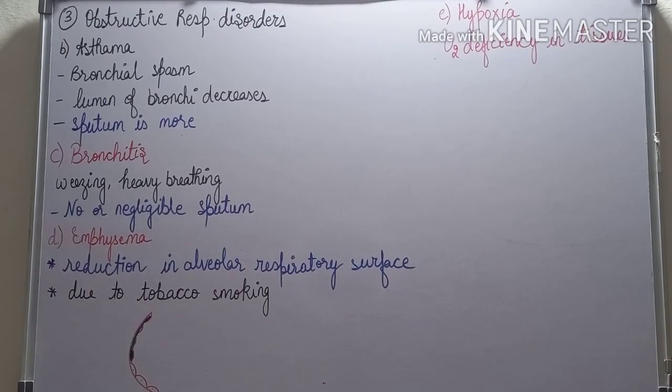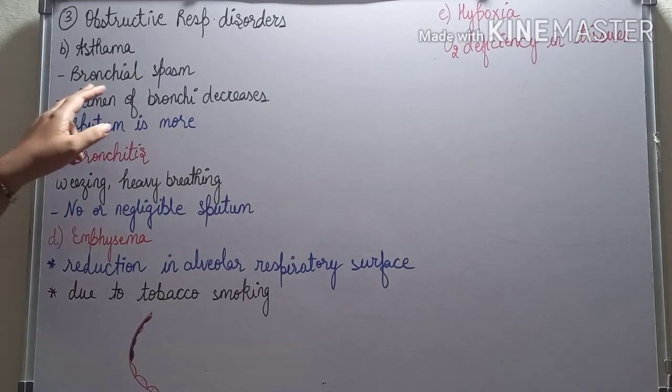Okay, so second type of obstructive respiratory disorder is asthma. In asthma, what happens? There is bronchial spasm. Means our bronchioles, they reduce and they shrink. The lumen of the bronchiole reduces.